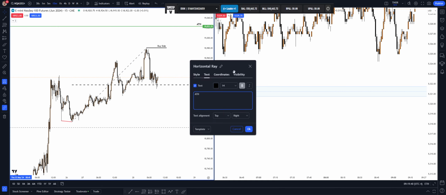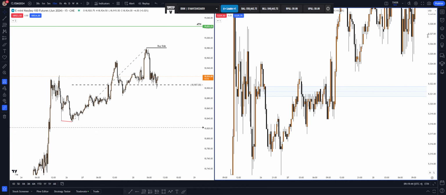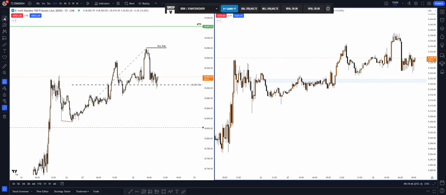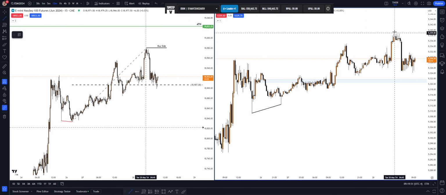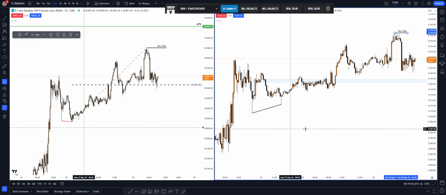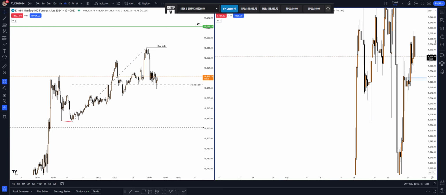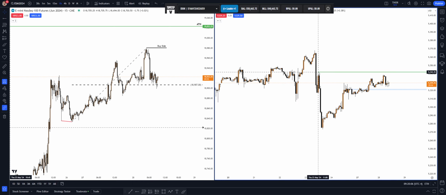This is all-time high. Okay, I gotta repaint it real quick. And I'm gonna put the order block high on ES, which is the hourly OB, right there.